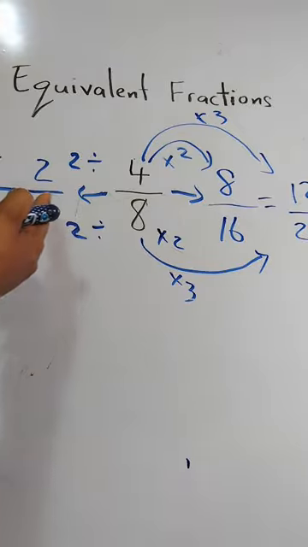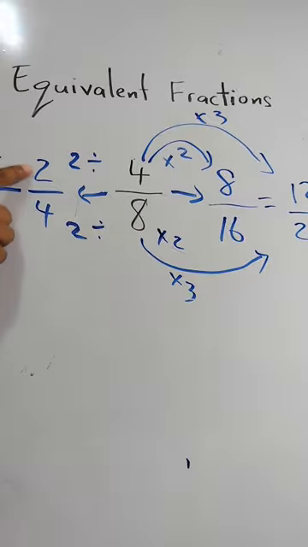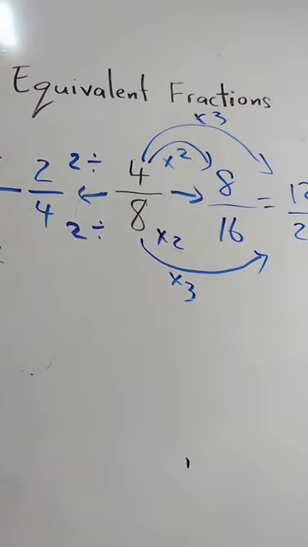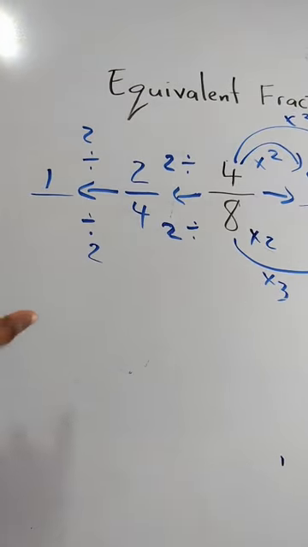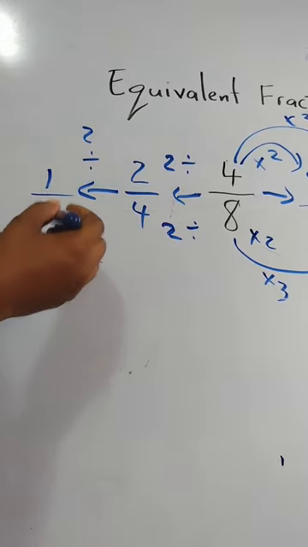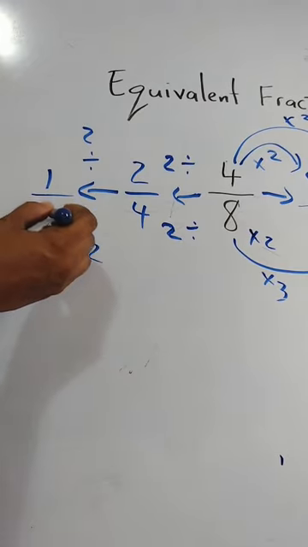So we use 2. I'm going to try 3. 3, 3, 3, no. 3 can't go into any of these. The only number that's left is a 2 again. So I'm going to divide by 2 again. Both numerator and denominator are divisible by 2. 2 into itself goes 1 time. 2 into itself goes 1 time. 2 into 4 goes 2 times.